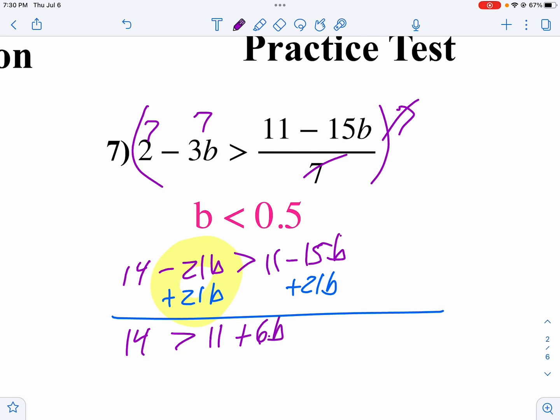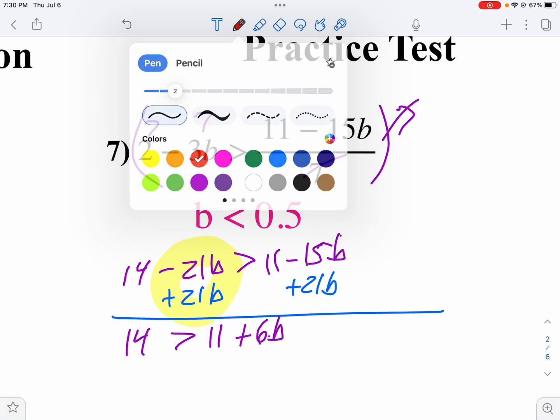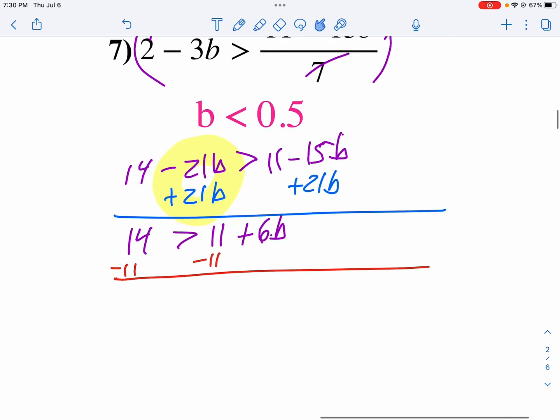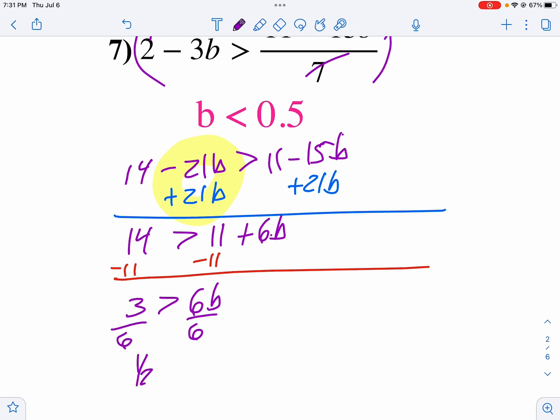And then let's minus 11 from both sides. So when I do that, 14 minus 11 is 3, is greater than 6b. I divide by 6. 1/2 is greater than b. And there's your answer.